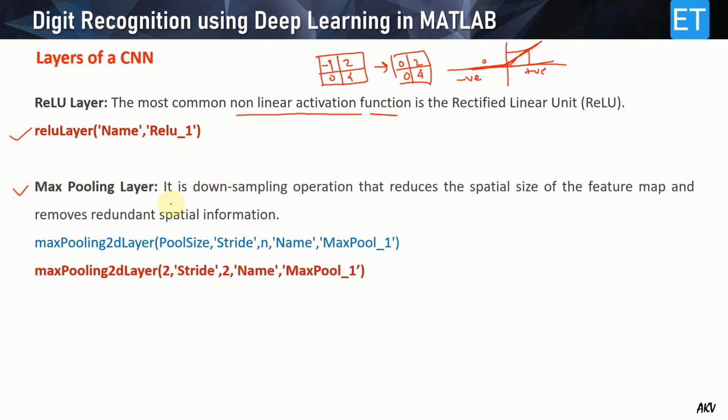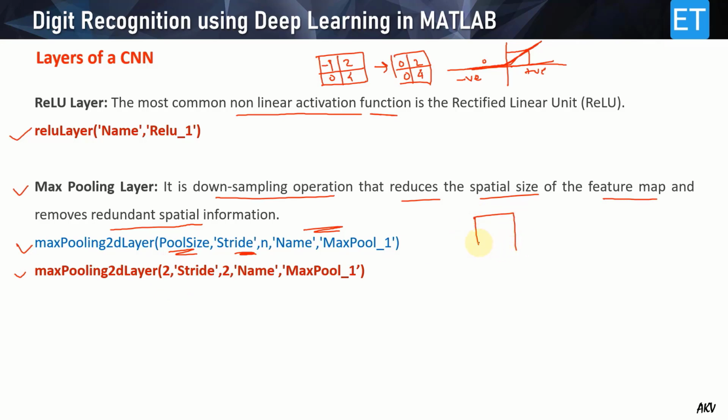And then the max pooling layer after that, it is again a very important layer. It is used for the downsampling operation. That reduces the spatial size of the feature map and removes the redundant spatial information. So after ReLU, we go for the max pooling, and the max pooling operation is easy. First see the syntax. We define the pool size and then stride, and then we give some name. Stride I have already shown. That means by what pixel you shift the window of size pool size. Here in this example you can see that I am using max pooling with a 2x2 window.